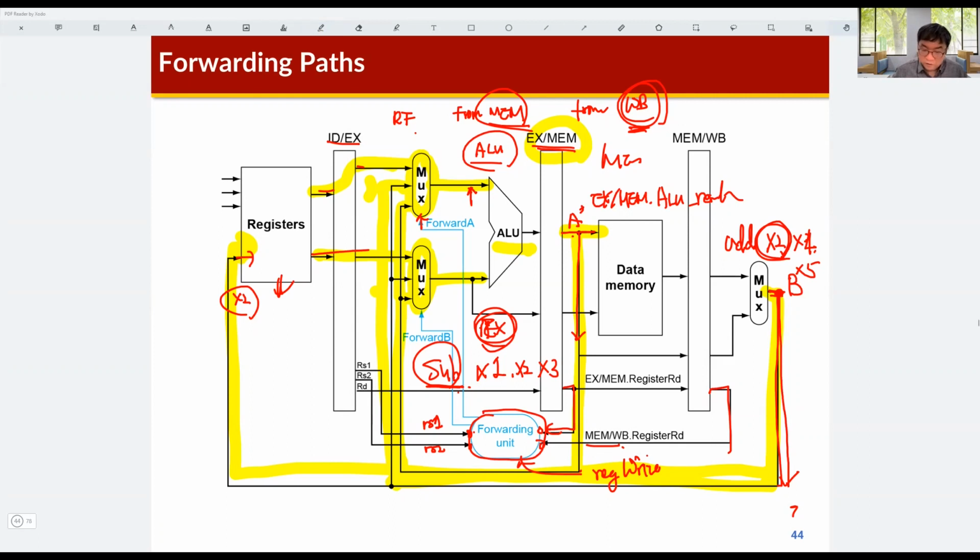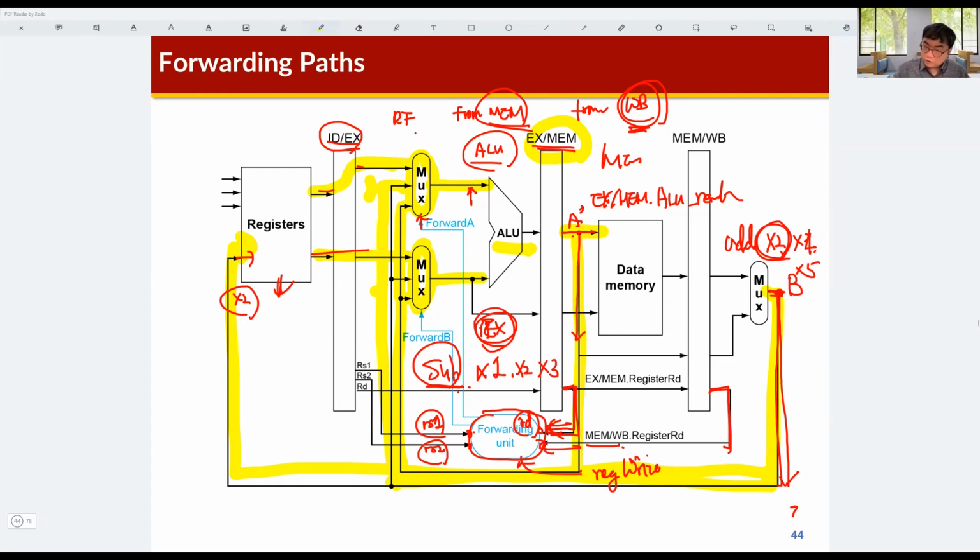This forwarding unit receives the RS1 and RS2 from which pipeline register? The ID/EX pipeline register, and it receives the RD from the former instructions. The first path is the output of the EX memory pipeline register, and another path is the output of the memory write back pipeline register.